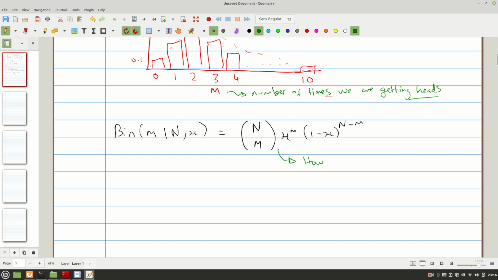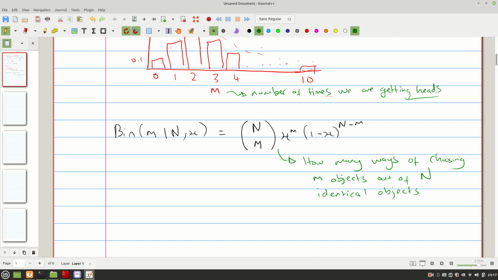This is essentially saying, how many ways of choosing m objects out of n identical objects?